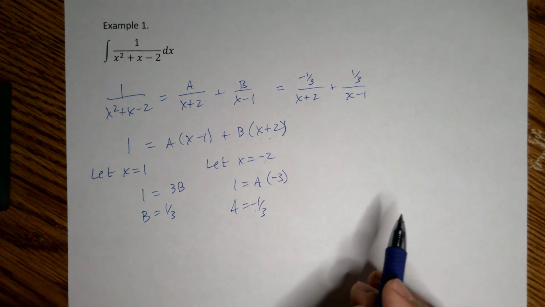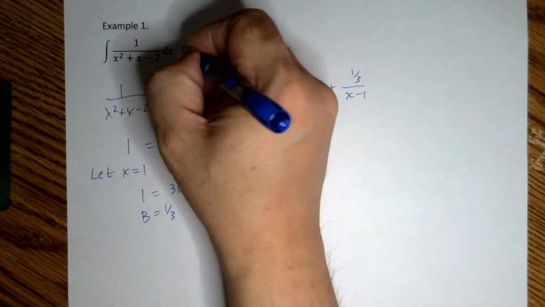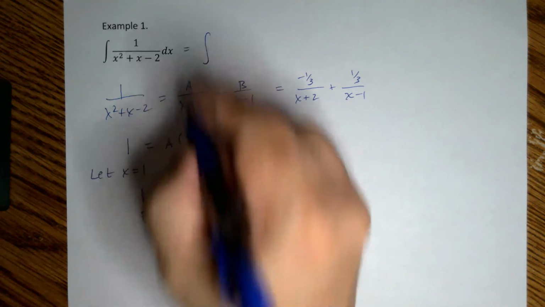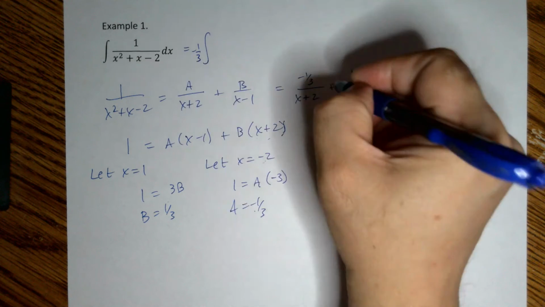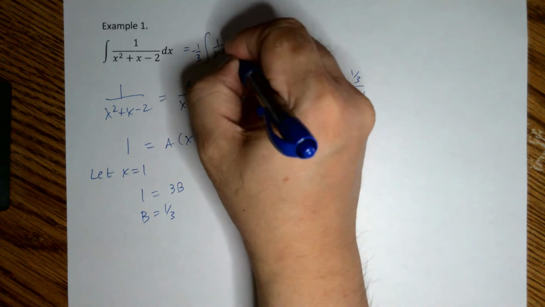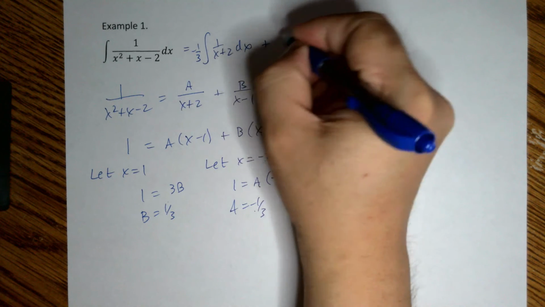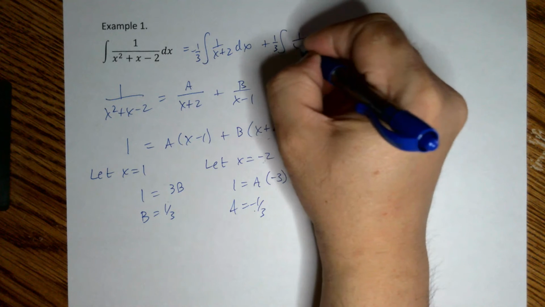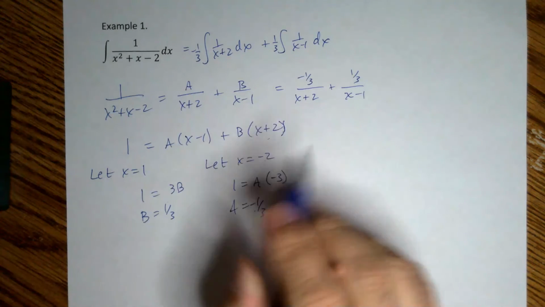So this is the integral, and I'm going to clean this up a little bit. I'm going to take a negative 1/3 out of 1 over x plus 2 dx, plus take the positive 1/3 out, 1 over x minus 1 dx.